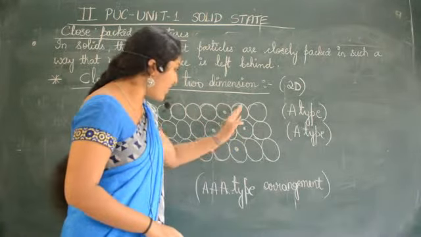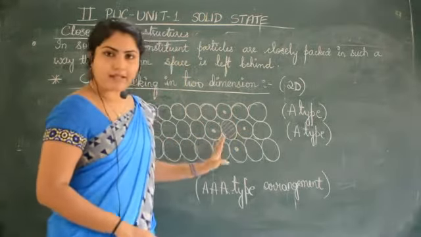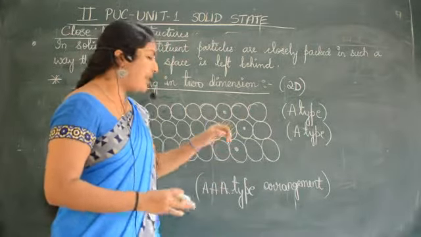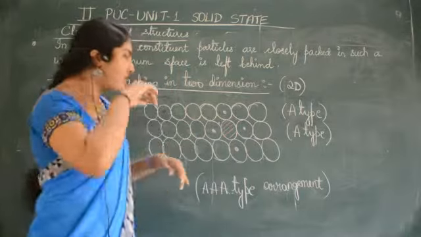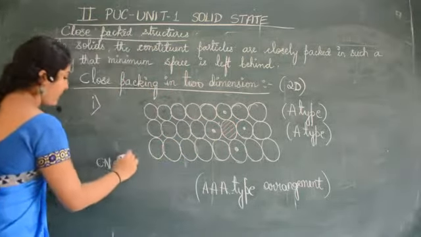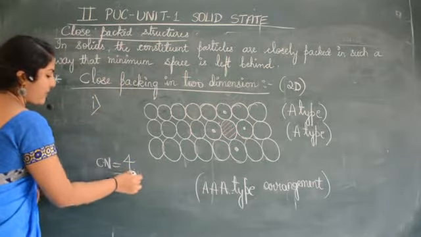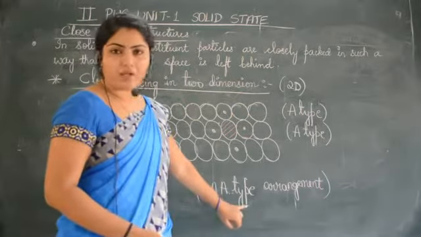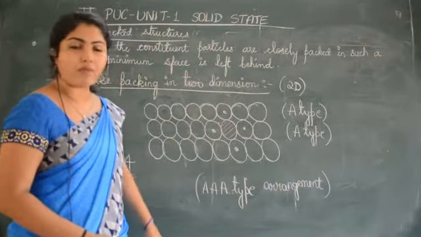Whereas these two are not touching it. Understood? So, it must touch it. It must be closely packed, or the immediate neighbors we say. So, there are 4 immediate neighbors. Coordination number is 4 in 2-dimension AAA type arrangement. That is again one more point.